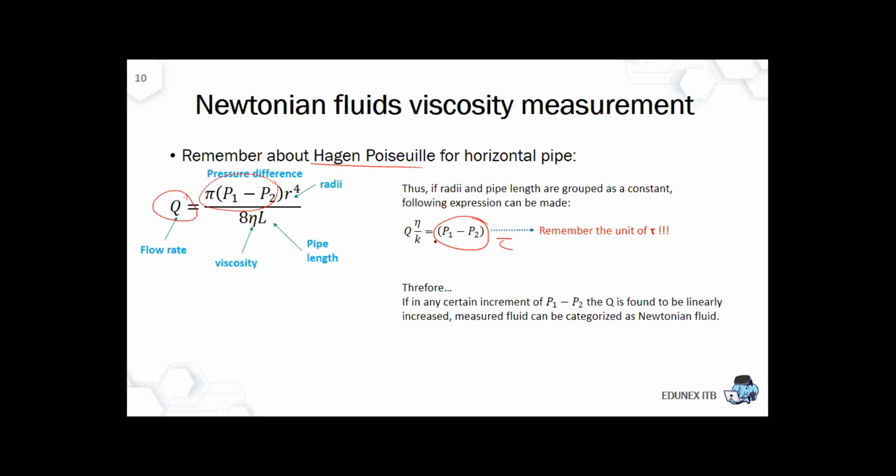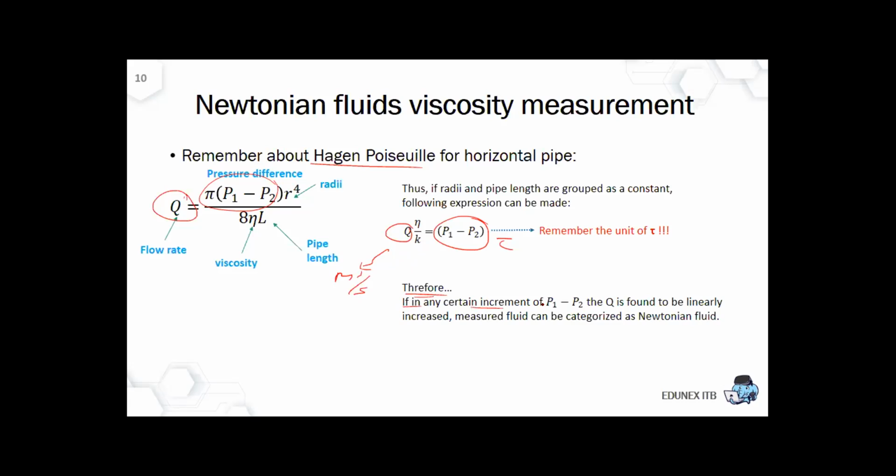The unit is Pascal, and this one is somehow similar to shear rate. This is meter cubed per second, isn't it? So that's the idea of the viscometer. But sorry, I have a typo here.